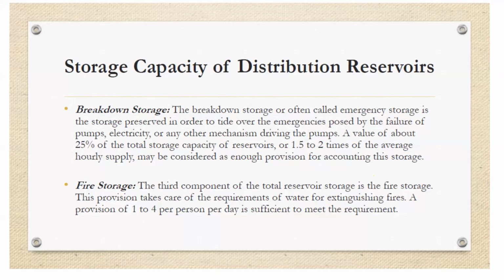Okay, जर 100 लिटर लागत असेल तर तुम्ही 125 लिटर कन्सिडर करायचे. 1000 लागत असतील तर तुम्हाला 1250 लिटर कन्सिडर करावं लागेल. ठीक आहे. Or 1.5 to 2 times of the average hourly supply. कुठला तरी एक फॅक्टर घ्यायचा. बरोबर आहे. A value of about 25% of the total storage capacity of reservoir, किंवा तो 1.5 to 2 times of the average hourly supply may be considered as enough provision for accounting the storage.